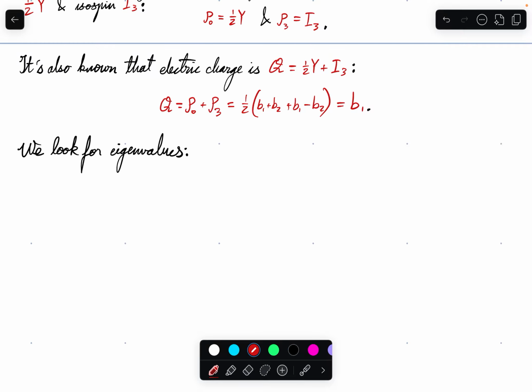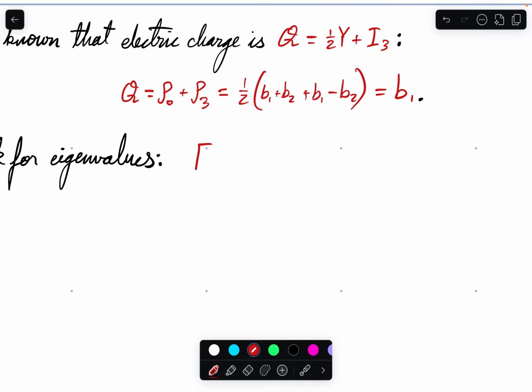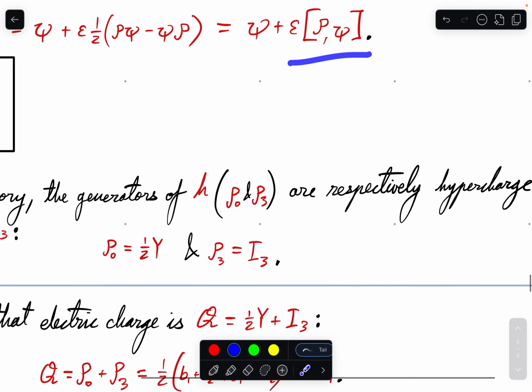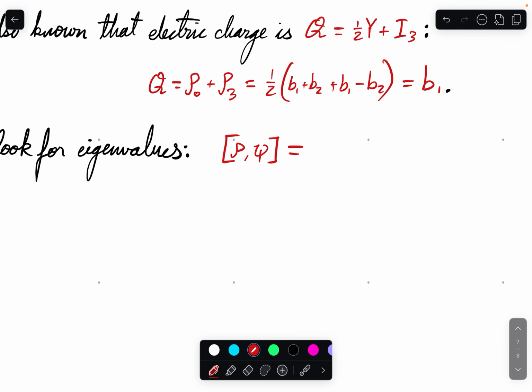Specifically, we take rho, whatever our generator is, applied to psi, which is taken from up here, and we look for values such that rho psi equals lambda psi B1, where lambda is a real number.